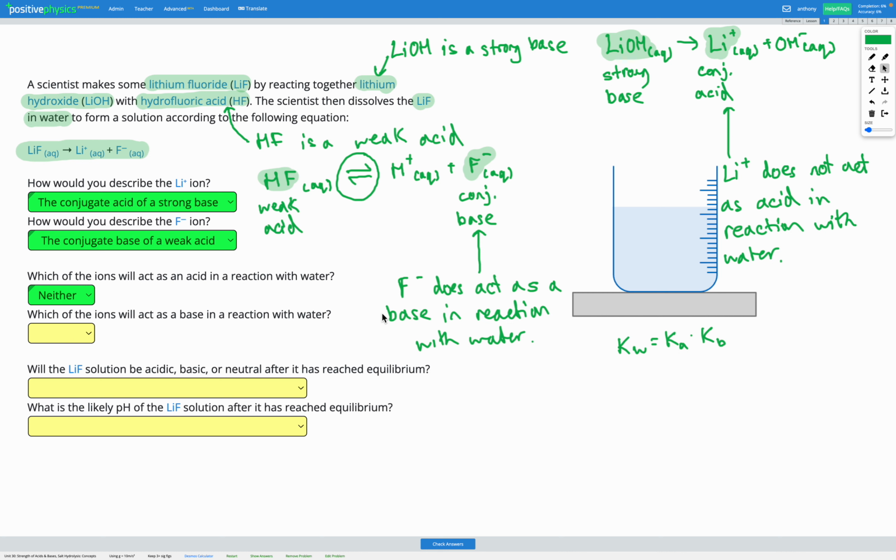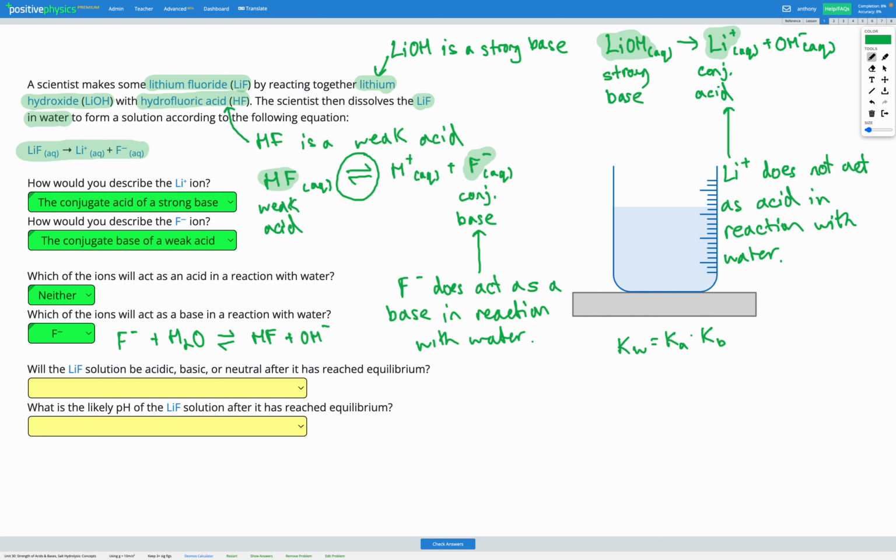Which of the ions will act as a base? It's going to be F-, that reacts as a base in reaction with water. So if we have F- acting as a base in a reaction with water, we're going to have F- reacting with water to form HF and OH-.